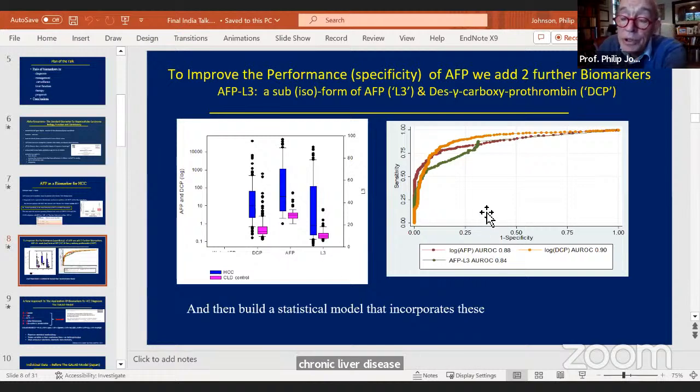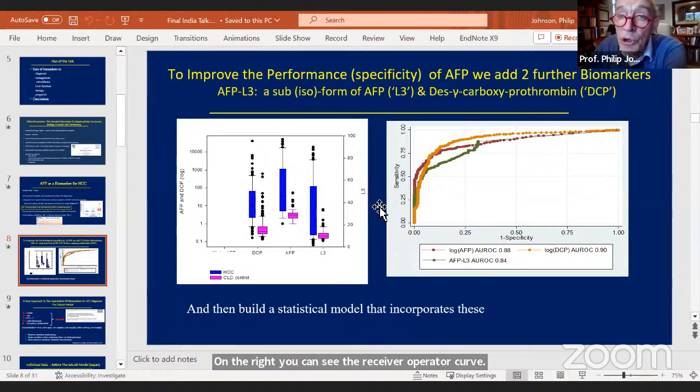On the right, you can see the receiver operator curve. Remember that if a tumor marker is absolutely perfect, then the line will go vertically up to 100 and then horizontally across, and that would give 100% perfect tumor marker.